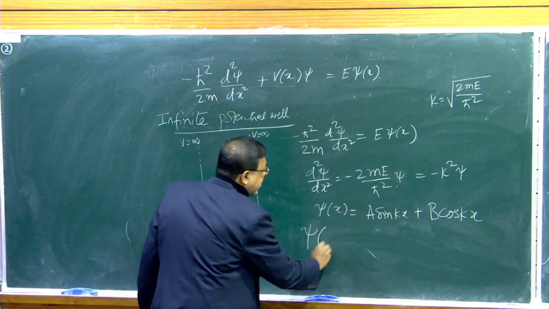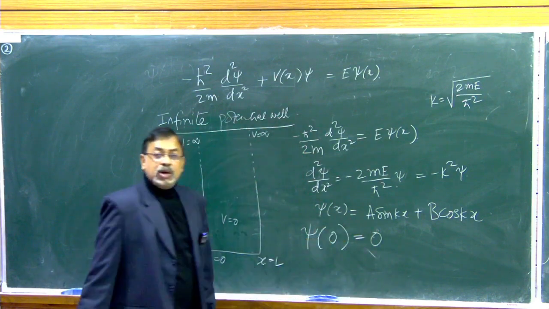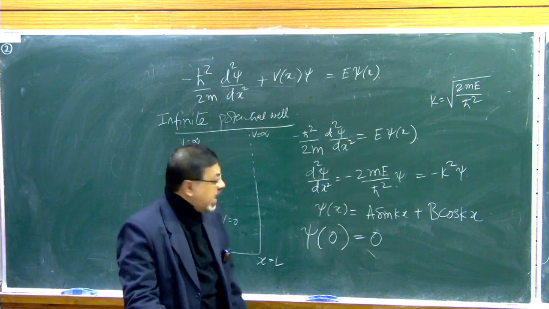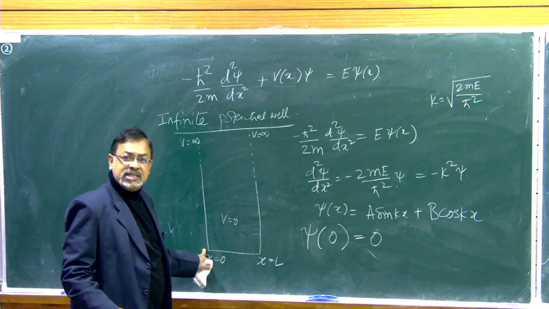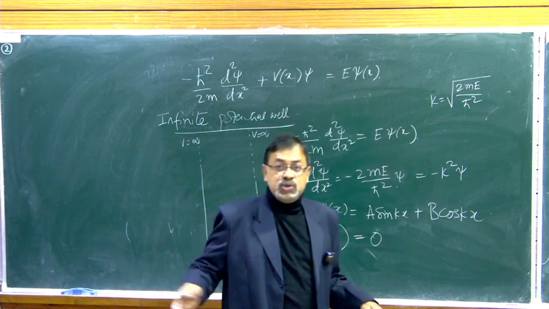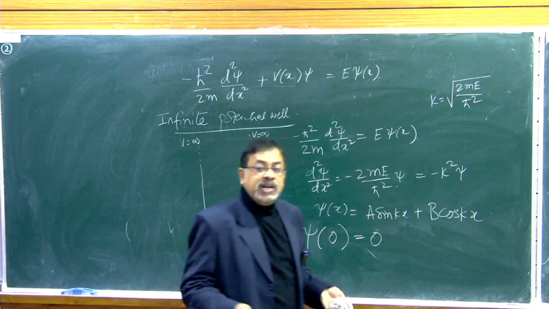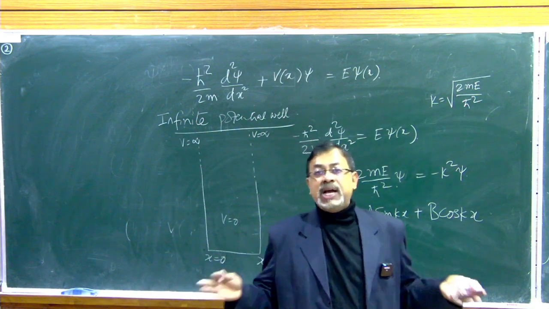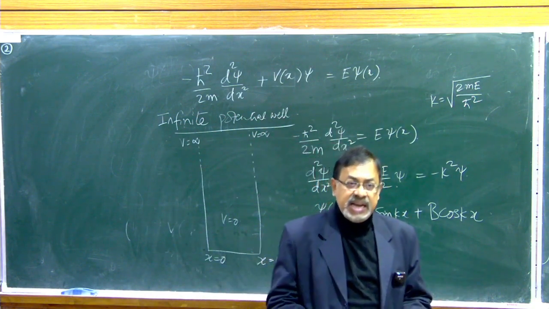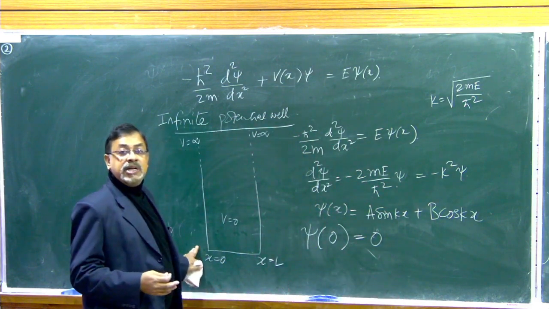The boundary condition is that psi of 0 equals 0, because the wave function has to vanish at this left end. And why? Because if it does not vanish, if it continues to the left of this barrier, then there will be a probability for the particle to exist outside the barrier, which we have said in no uncertain terms that such a possibility does not exist.